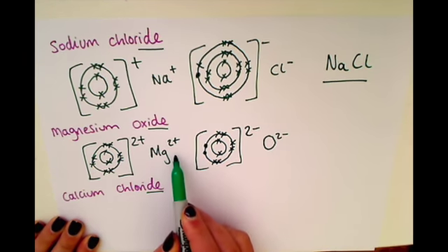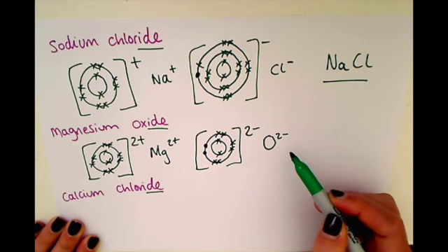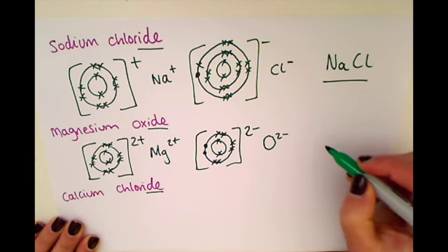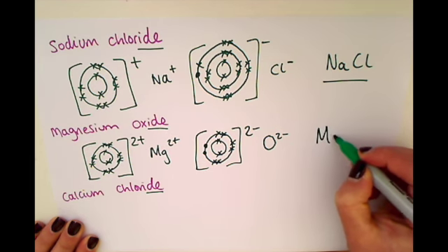So together we've got a 2+ and a 2-, so we just need one of each to balance it out, which gives us MgO.